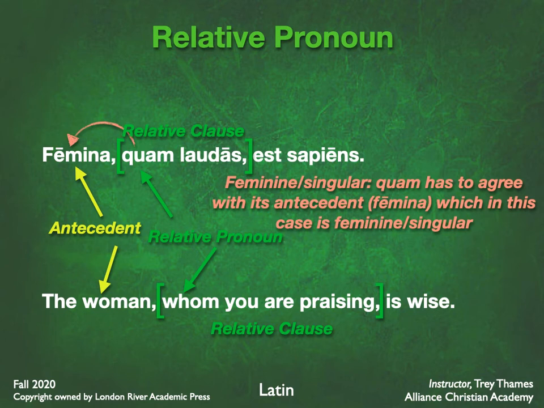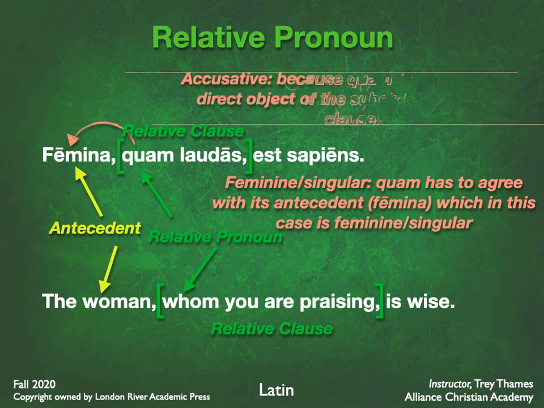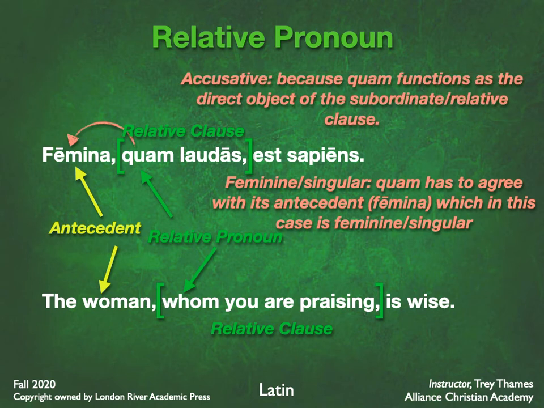Now, its case is going to be determined by its function in the relative clause. And in this case, quam is serving as the direct object of laudas. You are praising whom? In other words, if you were to substitute the word femina, which is the antecedent here, woman, you'd substitute here, you are praising the woman is essentially what we're saying. So it's the direct object.